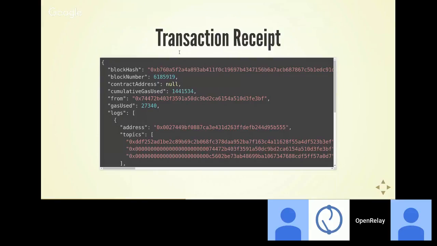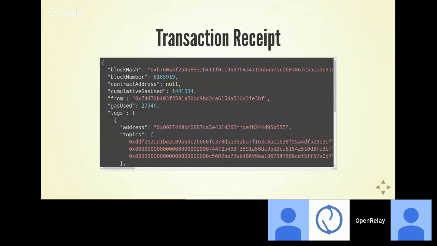So a transaction receipt from an event that I pulled off of the Ethereum mainnet blockchain that has a transfer event looks like this. So a transaction receipt includes the block hash that this transaction was included in. It includes the block number that this block was included in. The cumulative gas used is the amount of gas that had been used in this block when this transaction finished executing.